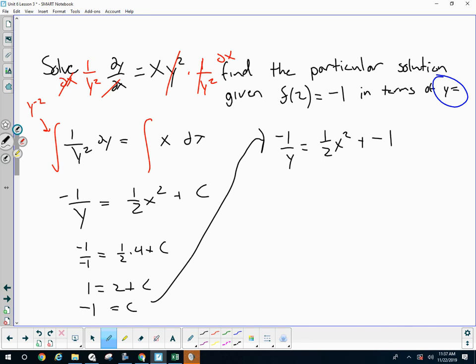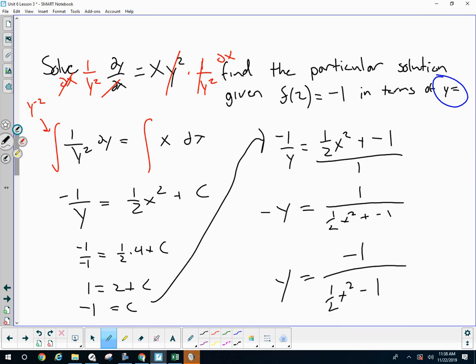But if you have fractions on both sides of an equation, which you always do, and let's say I want y to come up, flip both sides. Take the reciprocal, or 1 over both sides. You get -y, or y over -1, equals 1 over 1/2 x squared plus -1. You can then distribute that negative.